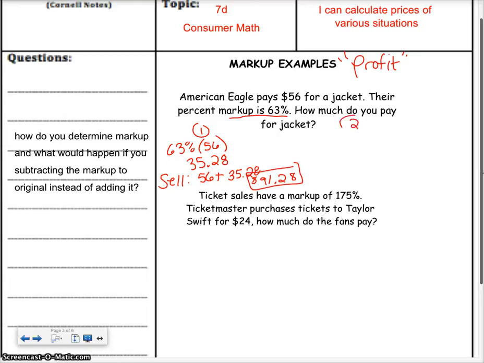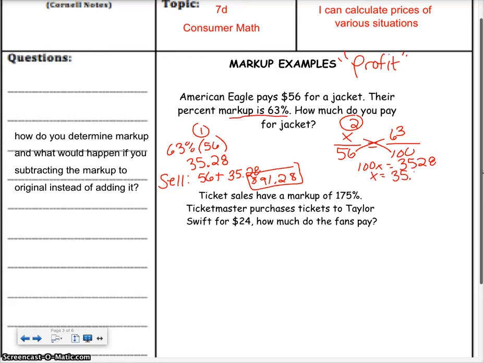Method number 2 is a proportion. So I know I'm 63%, I know I'm out of 100, and I know American Eagle paid 56. That's their whole. My part is how much profit I want to make. The part is the profit. So I go 100x equals 56 times 63, divided by 100.